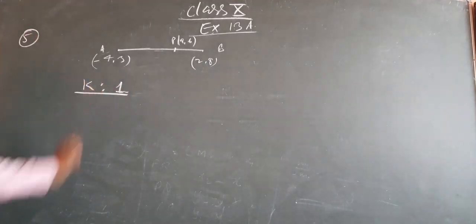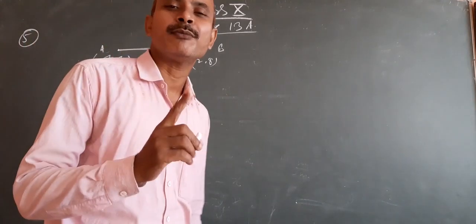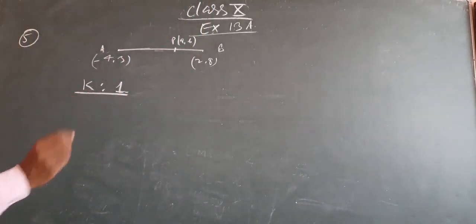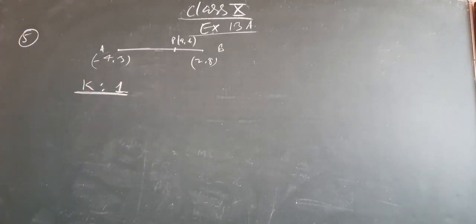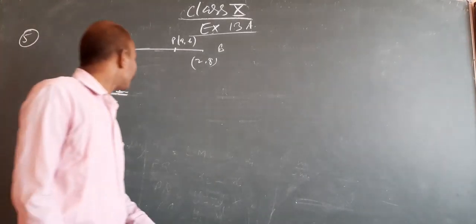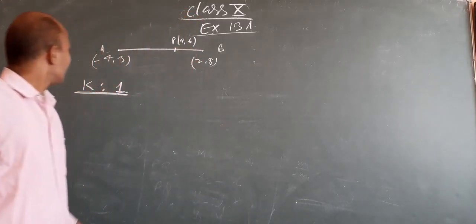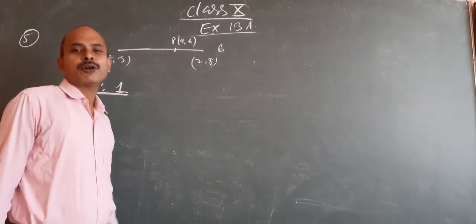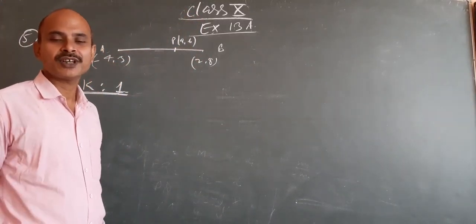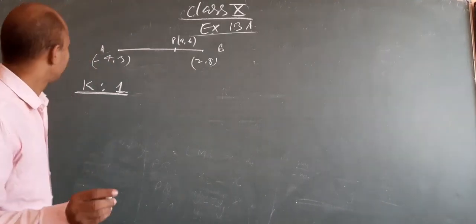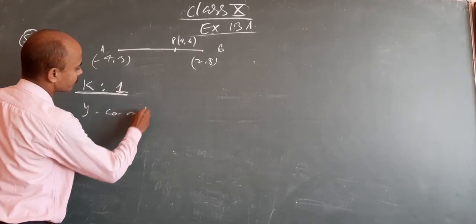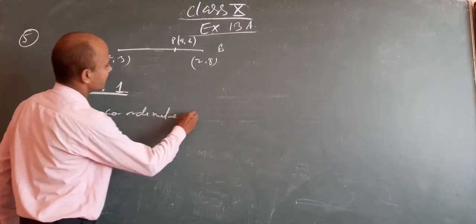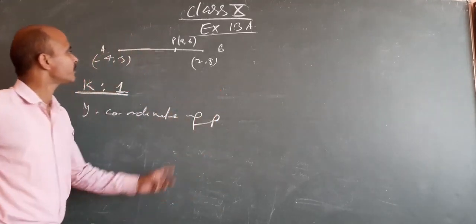You can also take m1 is to m2, but the calculation will be simpler if we take this ratio k is to 1. Now, by using section formula, what is section formula? Y coordinate of P. What is the Y coordinate?